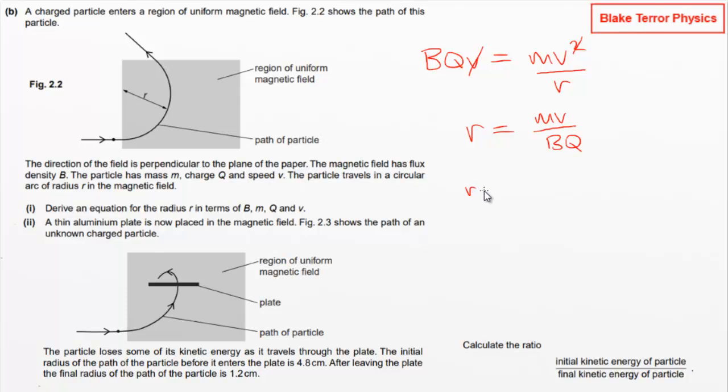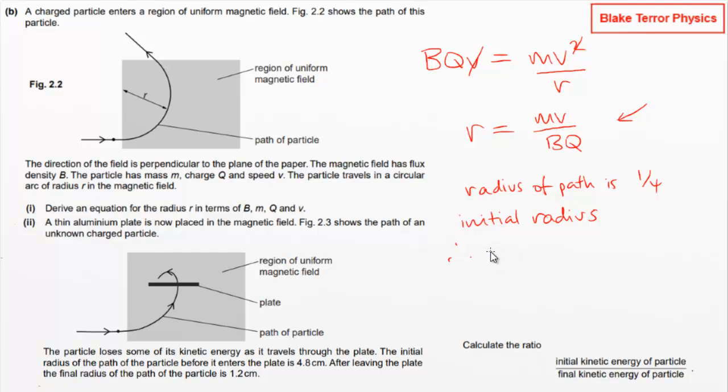So the radius of path is 1/4 of the initial radius. This is one of our usual logical chain things. We can see here that the radius is proportional to the velocity, because the mass hasn't changed, neither has the magnetic field strength, the flux density, or the charge on the particle.